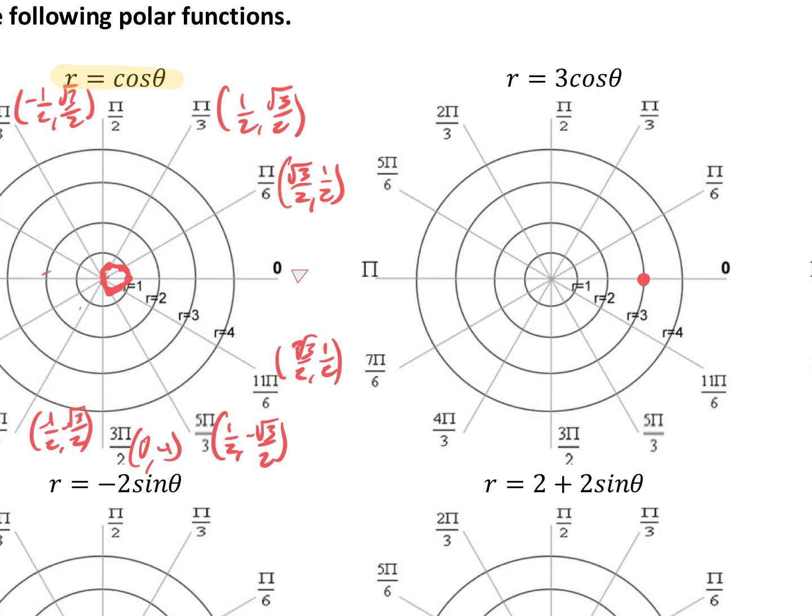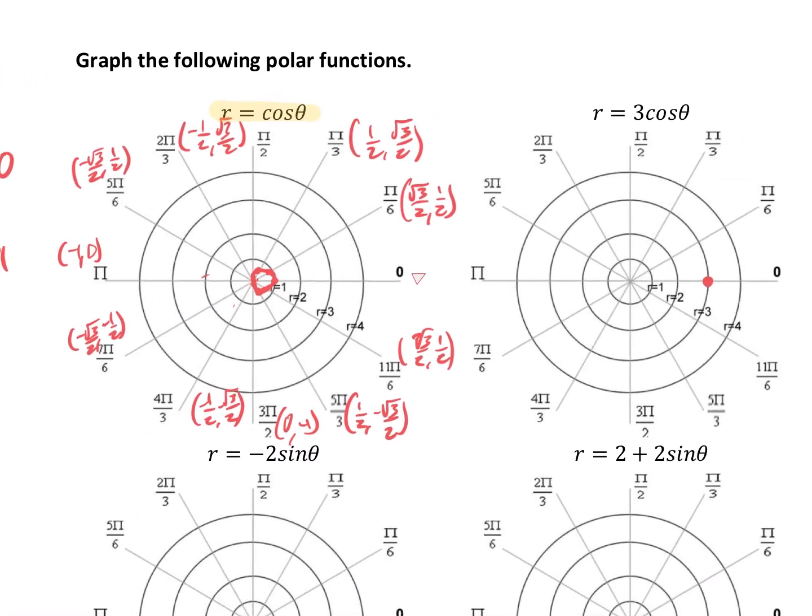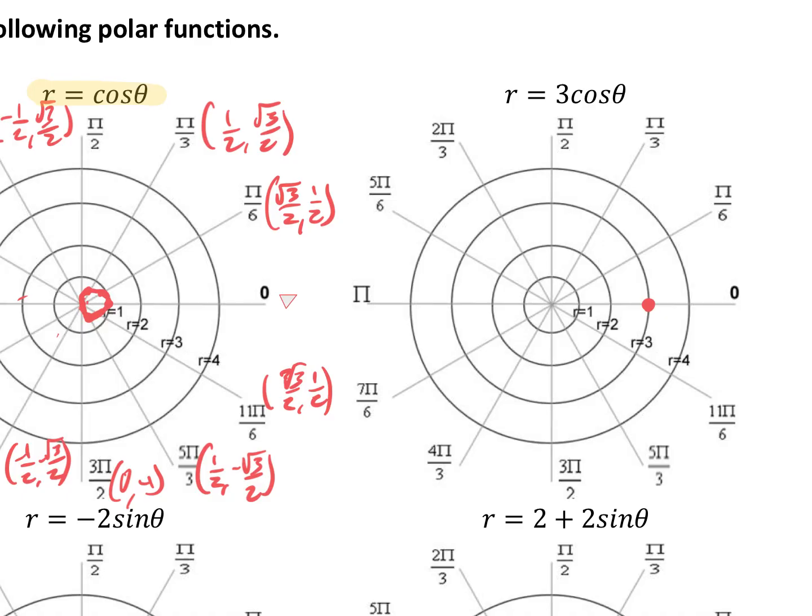And we're going to triple that. 0.8 times 3 is 2.4, and 0.8660 is going to be a little beyond that. And if we're looking out here, the cosine of pi over 3 is 1/2. We're going to triple that.